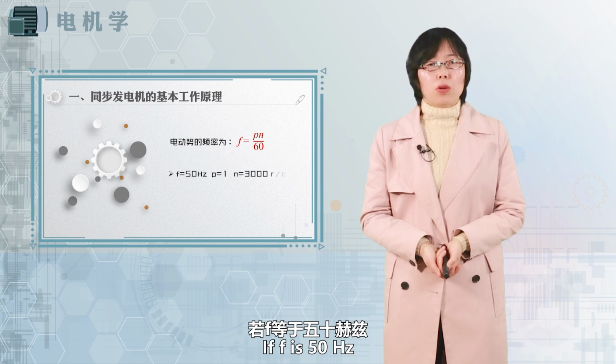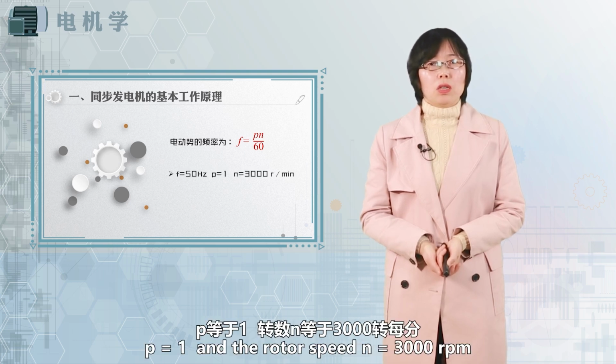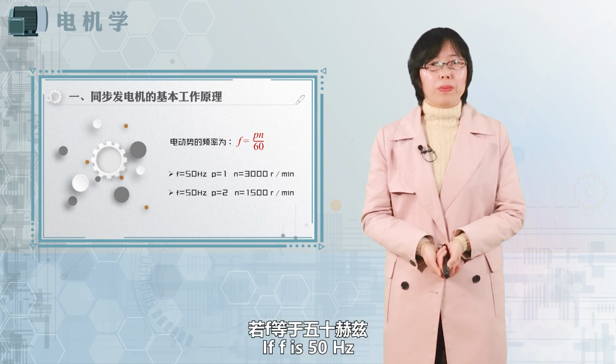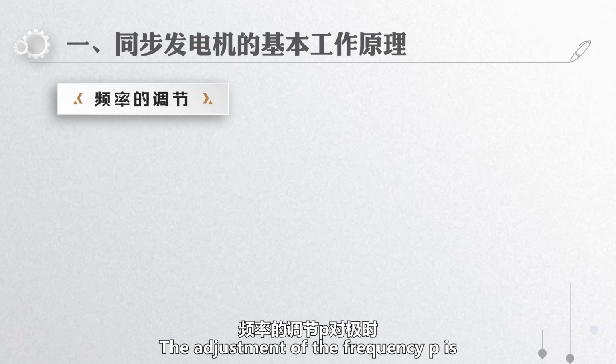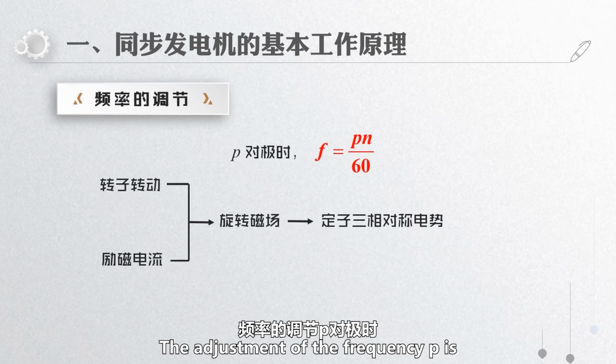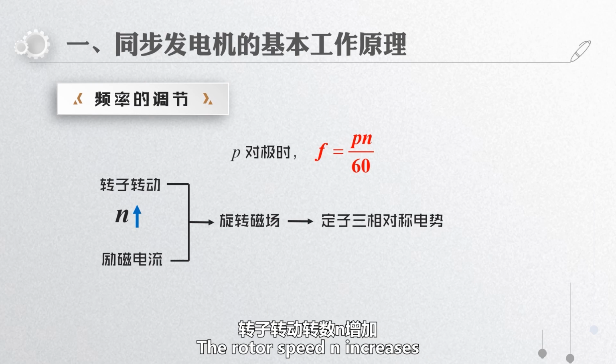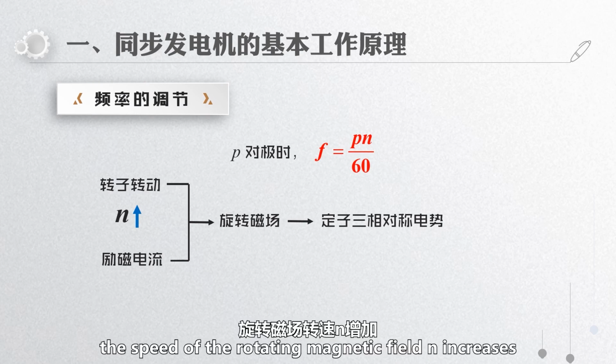If f is 50 Hz and p equals 1, the rotor speed n equals 3000 RPM. If f is 50 Hz and p equals 2, n equals 1500 RPM.